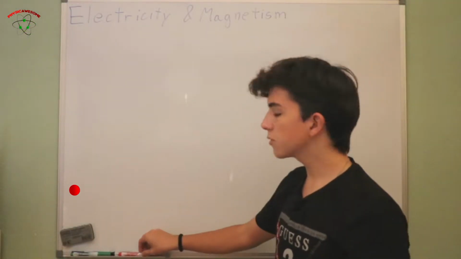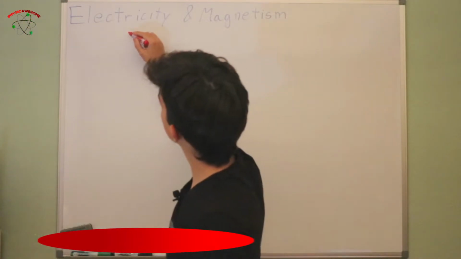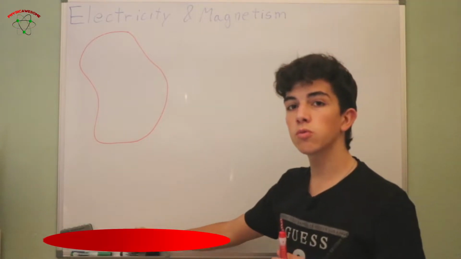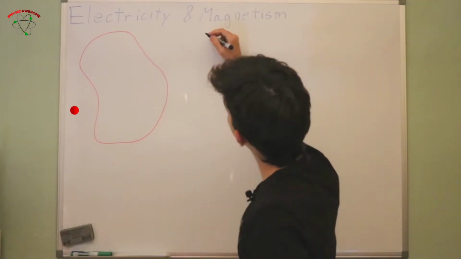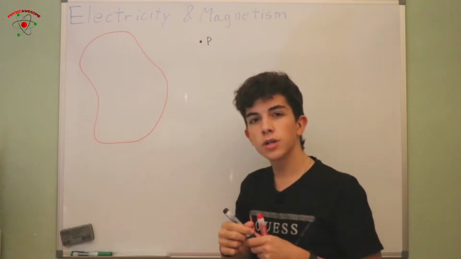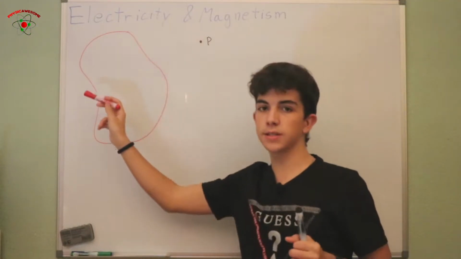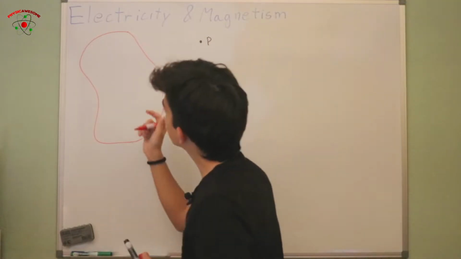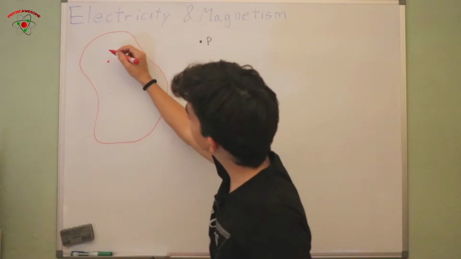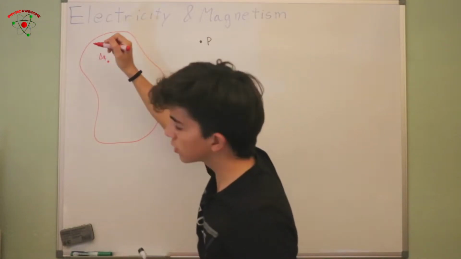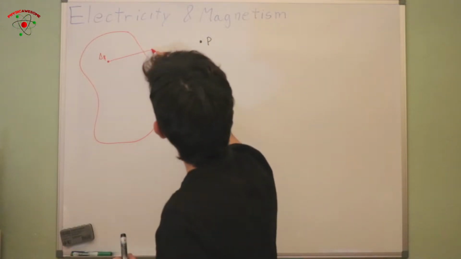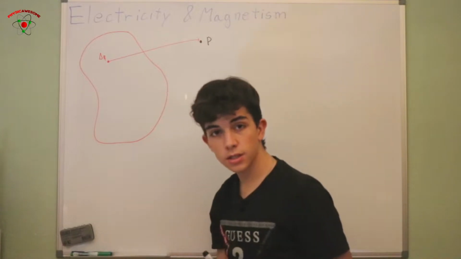Alright, imagine we have a charge distribution over here, and we want to know what the electric field is at a point P, for example, right around here. We know that if all of this is charged, there's going to be a lot of small points, little elements of charge, delta Q, that will end up being dQs, that are going to cause an electric field at this point.